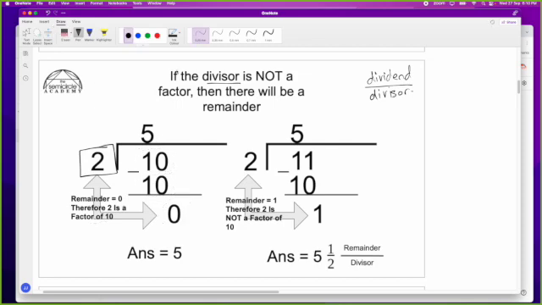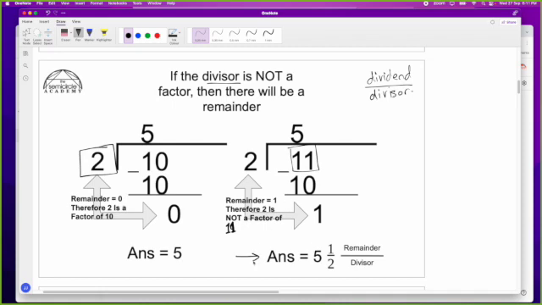In this case, you can see that we divided 11 by 2. Well, the closest thing we could get is 5 2s are 10, and when we subtract, we end up getting 1 as a remainder. So therefore, the remainder is 1. Therefore, 2 is not a factor of 11, right?